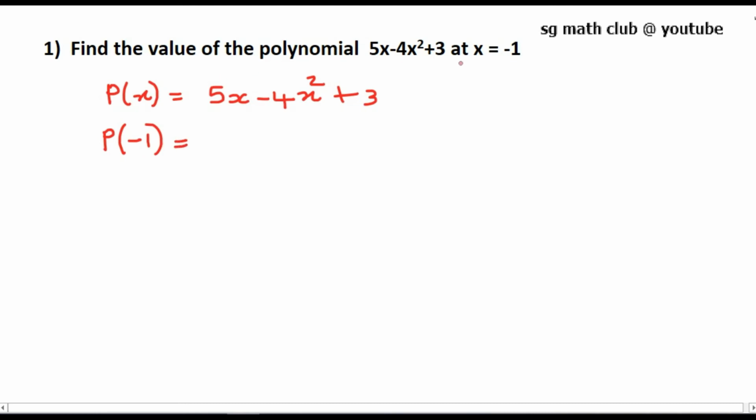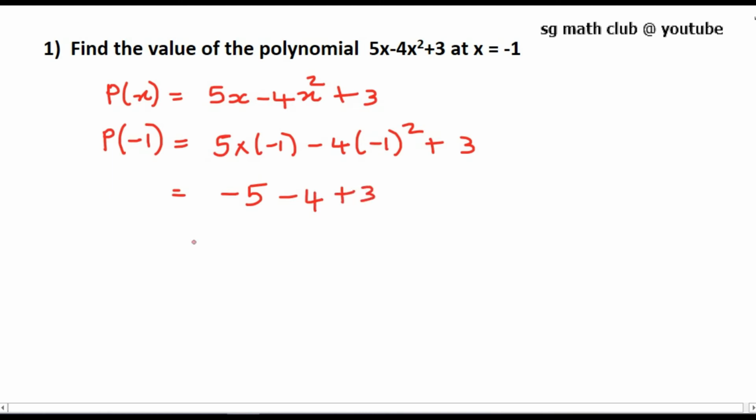Find the value of the polynomial at x equal to minus 1 means we need to find out p of minus 1. So 5 into minus 1 minus 4 into minus 1 the whole square plus 3. So which is equal to 5 into minus 1 is minus 5, minus minus 1 the whole square is 1, so it is minus 4, plus 3, which is equal to minus 9 plus 3, and the answer is minus 6.